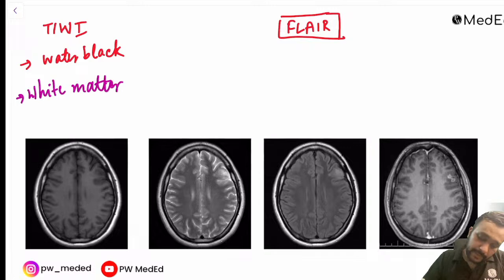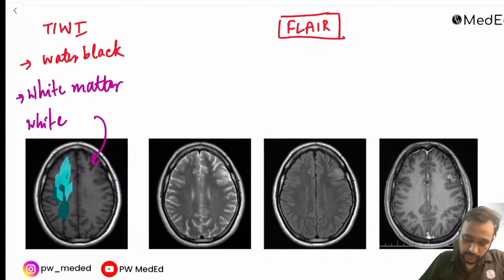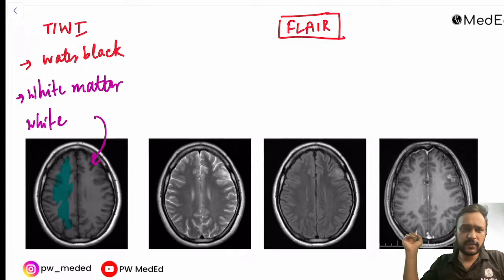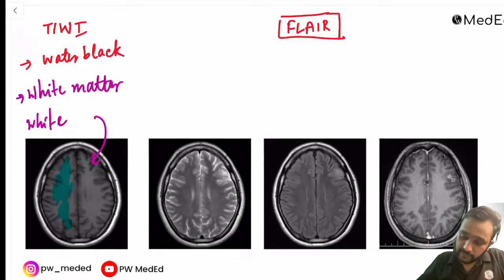If the white matter is white, then it is your T1 weighted image. And if the white matter is dark, then it is your FLAIR image, right?